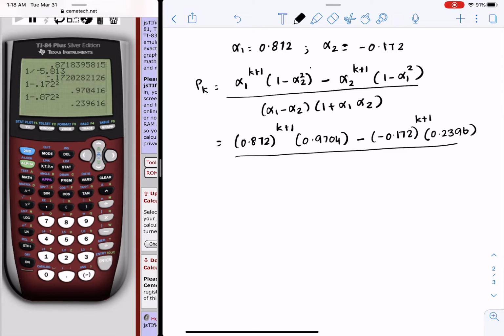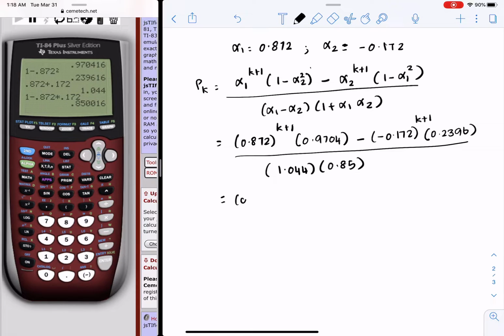And we divide that by alpha 1 minus alpha 2, which is 1.044, multiplied by 1 minus 0.872 times 0.172, and that is 0.85.